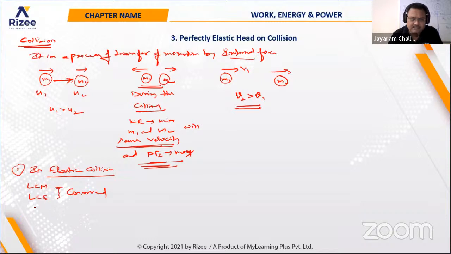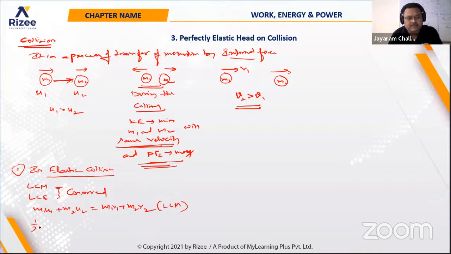Because they are conserved, you can say that m1 u1 plus m2 u2 is equal to m1 v1 plus m2 v2. This is the condition for the law of conservation of momentum.